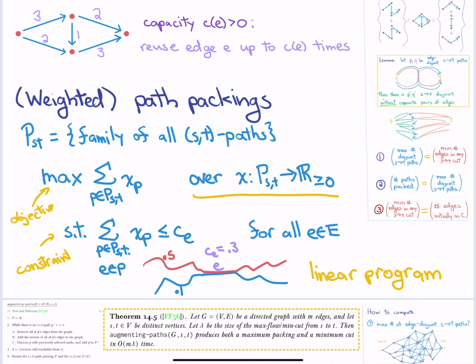In this constraint, the path packing said the amount of paths that use an edge has to be at most the capacity. So that was always true of any path packing solution. And this sum is exactly what we defined the flow on the edge to be. So it's just substituting one for the other, and so the flow will satisfy all the capacity constraints. Okay, so that's fine.